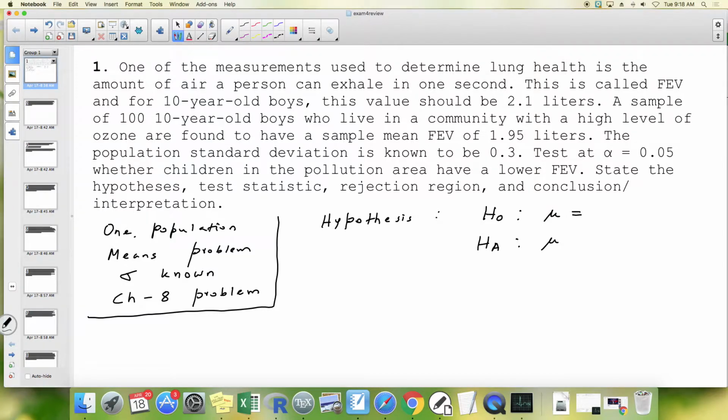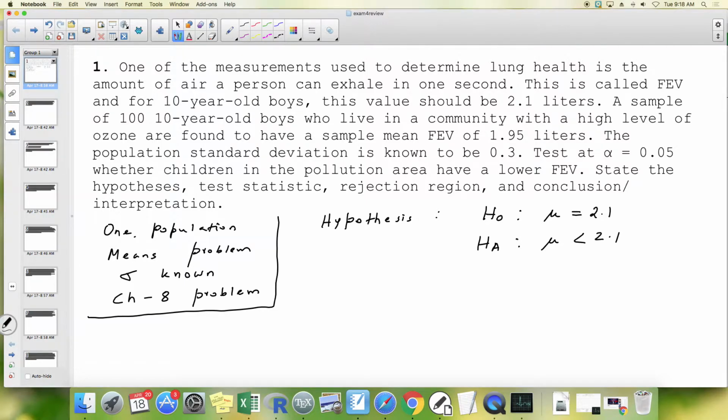Okay, so H naught is mu equal to, so the actual value should be 2.1. And we are worried whether the value is less than that. That means HA is mu less than 2.1.